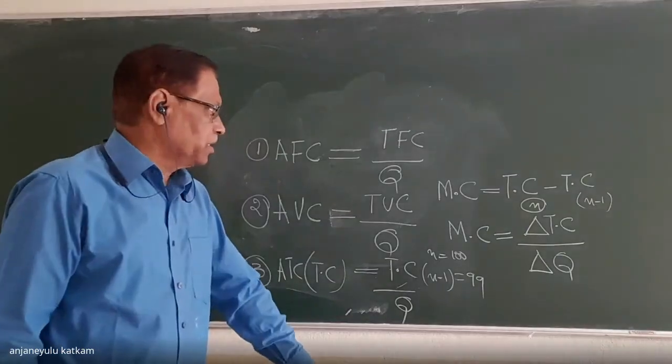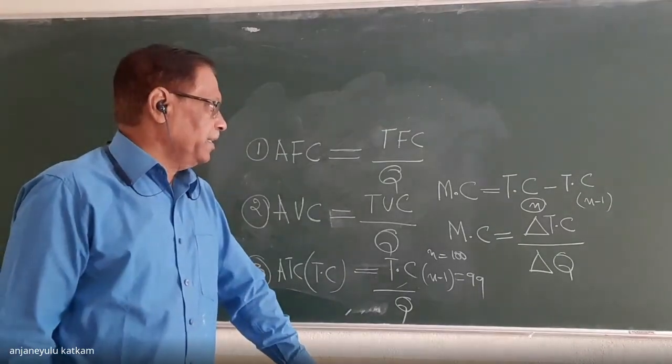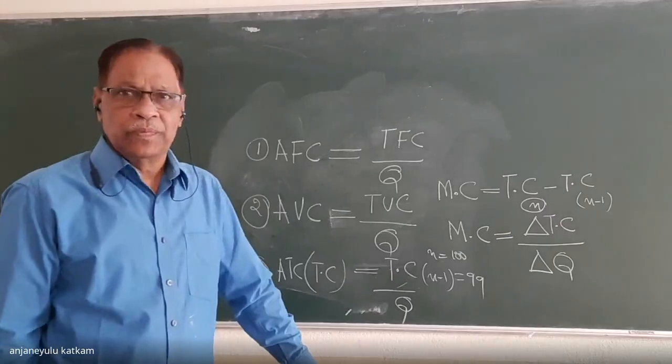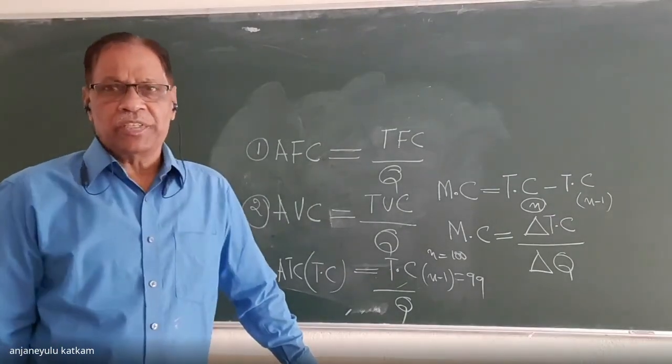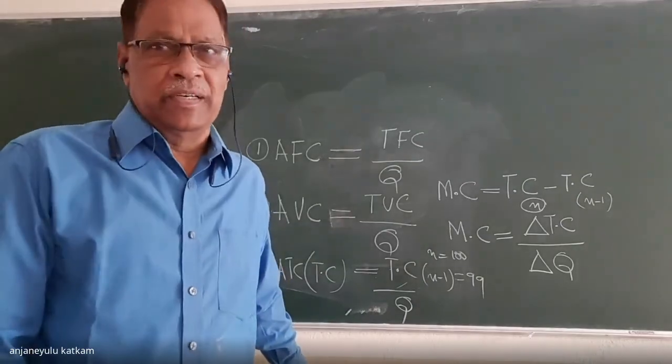Marginal cost is equal to delta TC divided by delta Q. So these are the two equations which are useful for calculating the marginal cost.